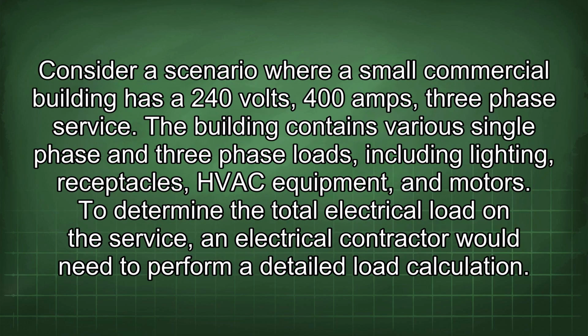Consider a scenario where a small commercial building has a 240 volt, 400 amp, three-phase service. The building contains various single-phase and three-phase loads, including lighting, receptacles, HVAC equipment, and motors. To determine the total electrical load on the service, an electrical contractor would need to perform a detailed load calculation.